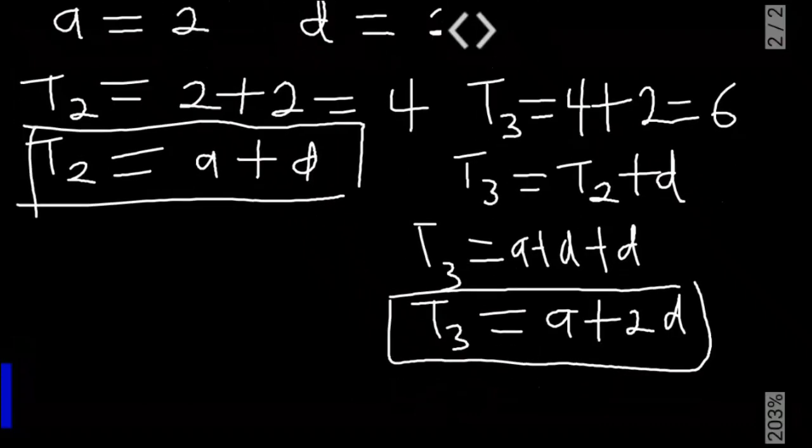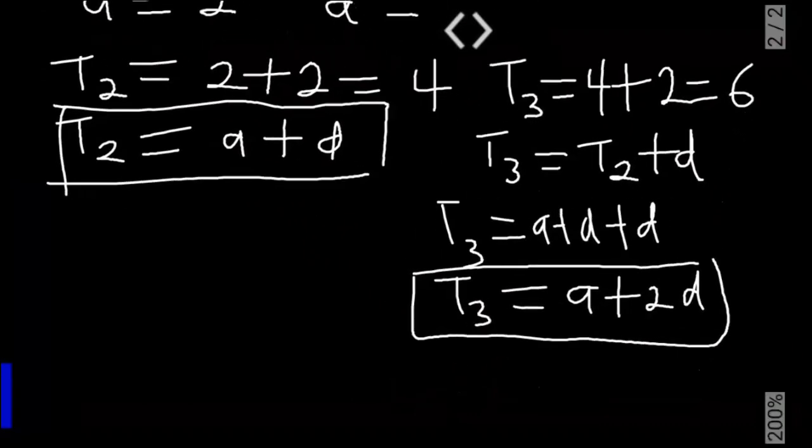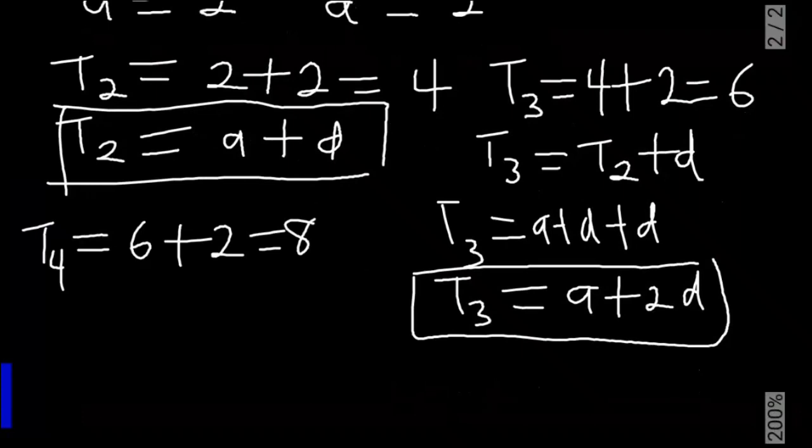Let's also do the same for the fourth term. Our fourth term is equal to our third term, which is 6, plus the common difference, which is 2. We have 8. So our fourth term is equal to the third term plus the common difference.